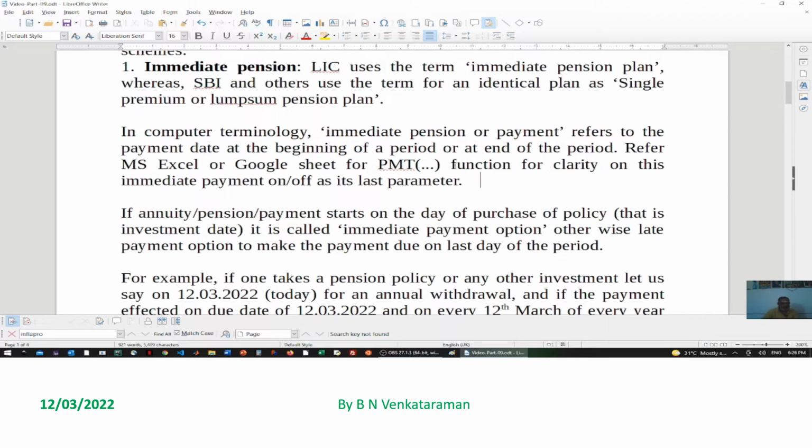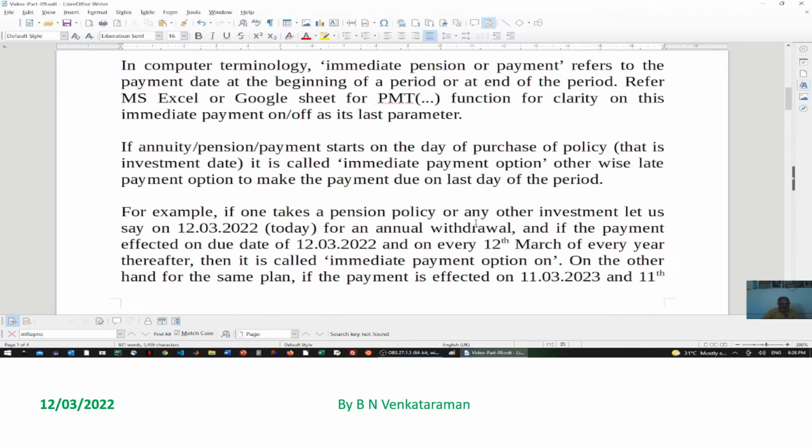For example, if one takes a pension policy or any other investment on 12th March 2022, that is today, for an annual withdrawal, then if the payment is effected on the due date 12/3/2022, that is the same day, and on every 12th March thereafter, that is called the immediate payment option on.